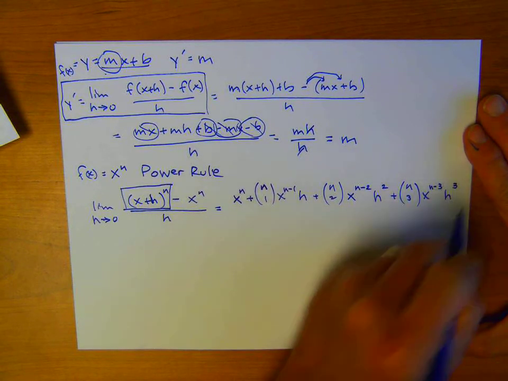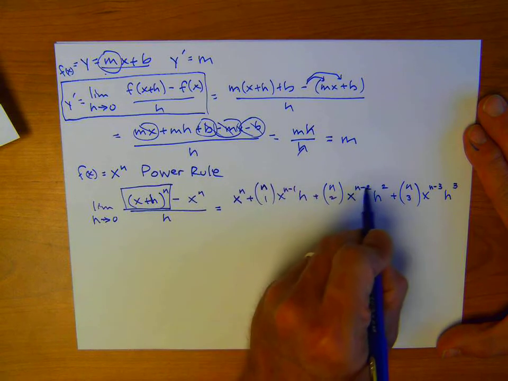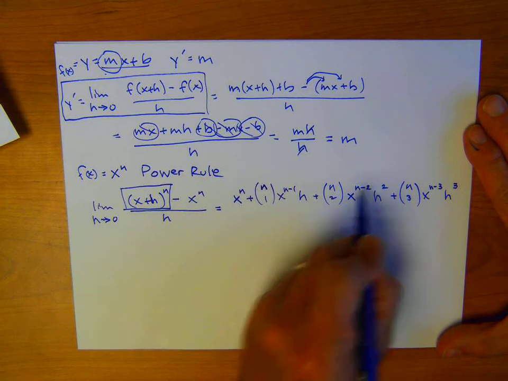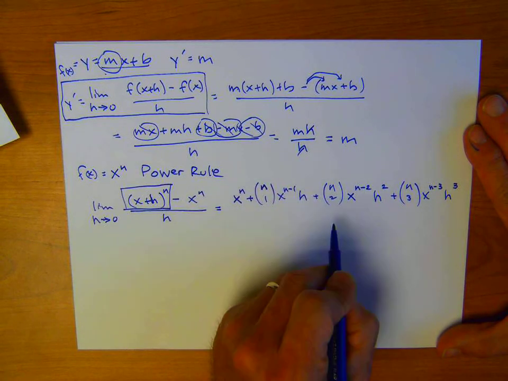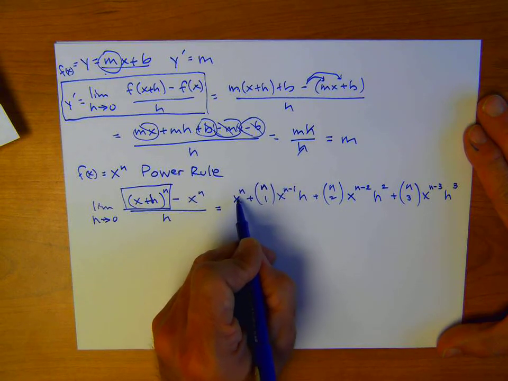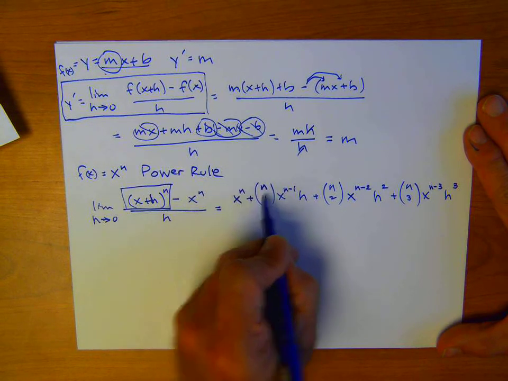h cubed. One thing to notice is that these powers always add up to n, right? This is n minus 1, this is h to the first power. You can think of this as x to the n and h to the 0 power, so they always add up to n.